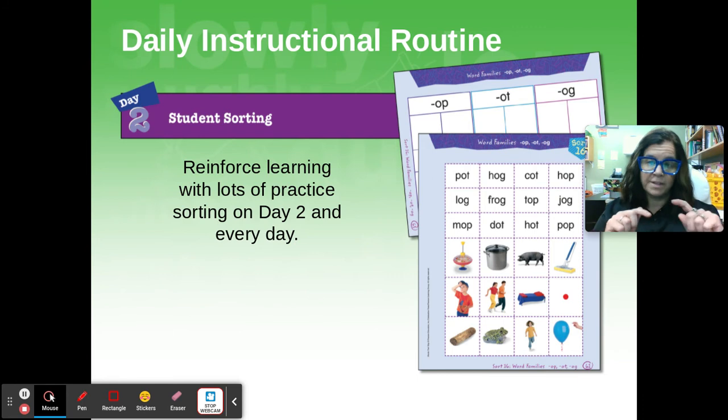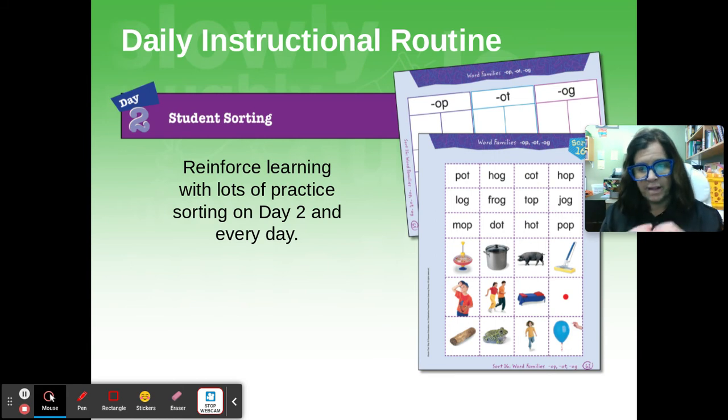I would say that the first time you have them sort, they should do a writing sort. So they have the words in front of them. They might open up a spelling notebook, or you might have a Google Doc or a slide deck where they are actually writing the words. Two reasons. Research shows that when you use two different modalities, you learn something better. So the kids are reading the words and then writing: two modalities.